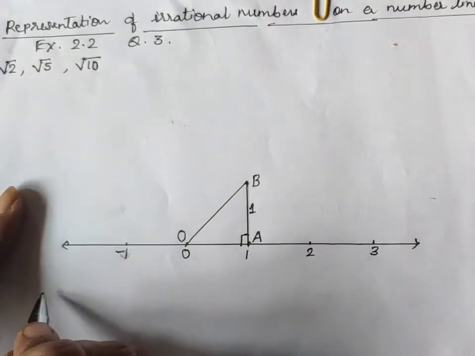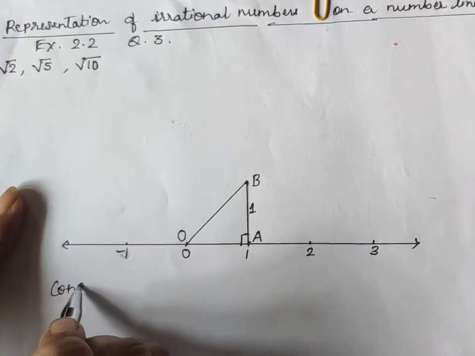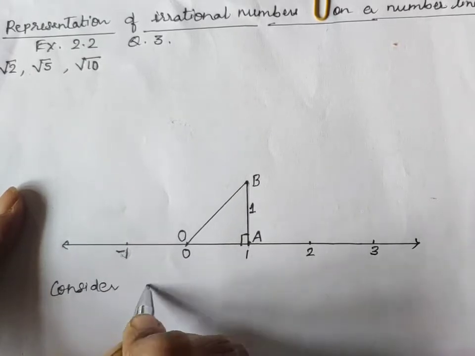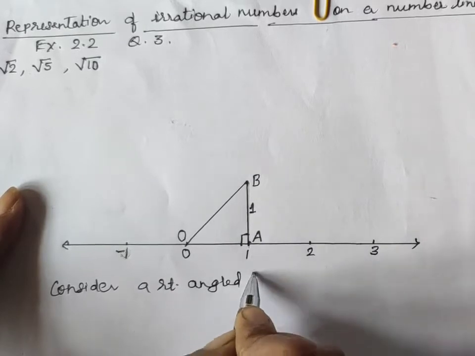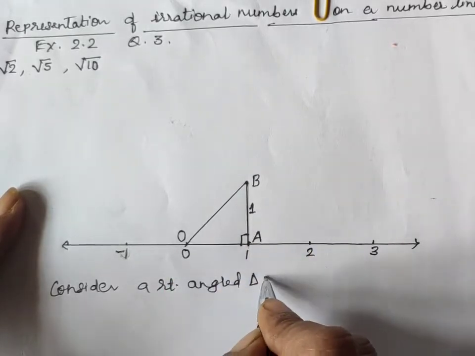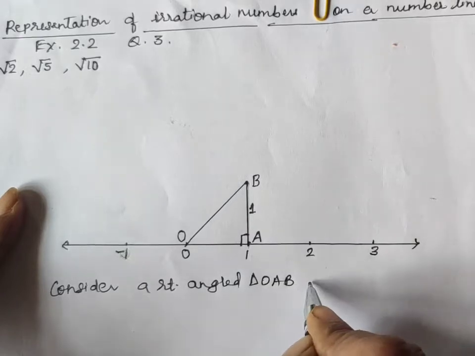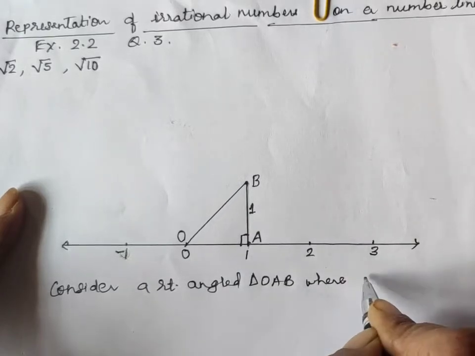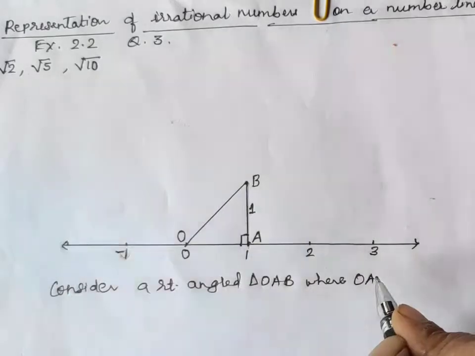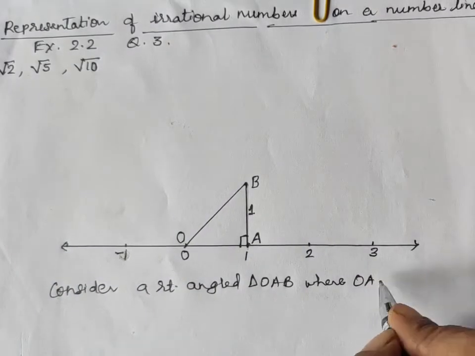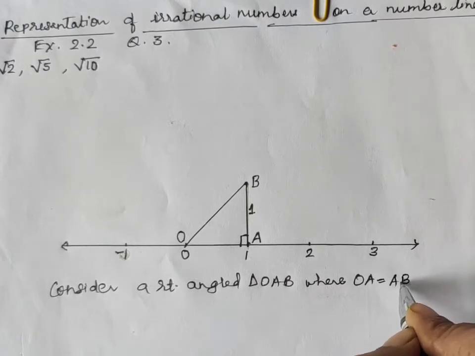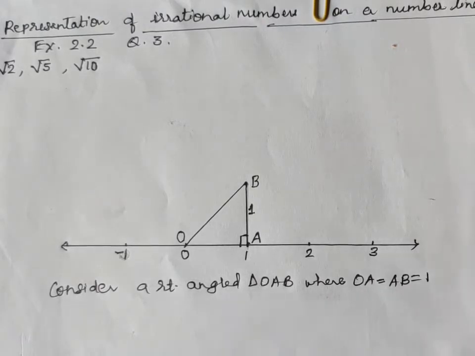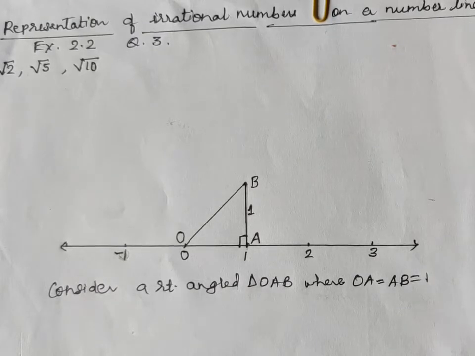So now let's consider the right angle triangle OAB, where you can see OA is equal to AB is equal to 1 unit. The same unit you have taken, OA and AB as 1 unit.